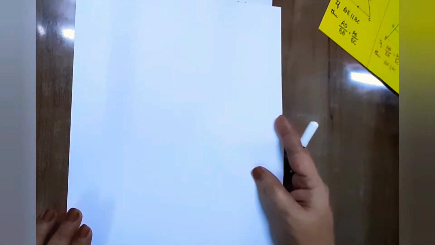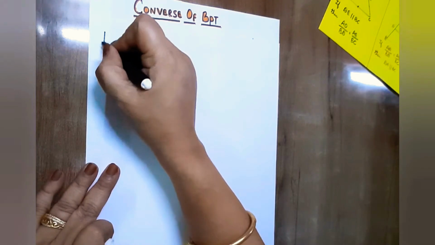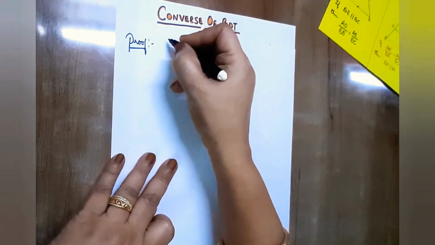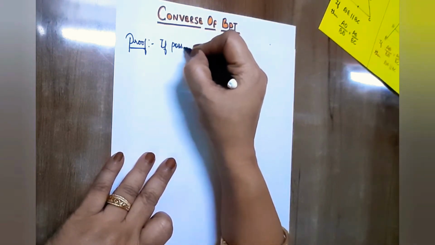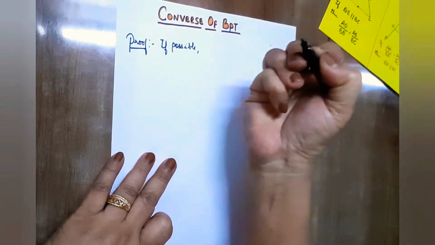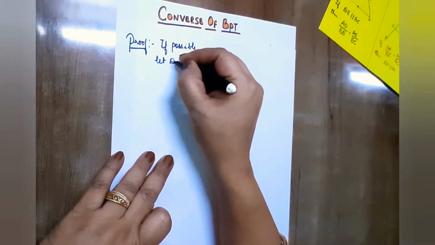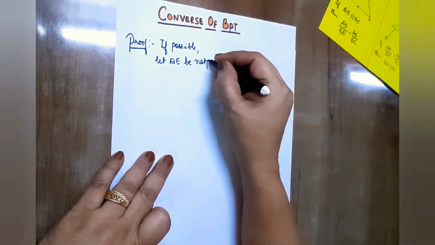Here we have to assume a few things. In this case, starting with the proof, if possible, since it is a theorem, we have to give all this. If possible, let DE be not parallel.